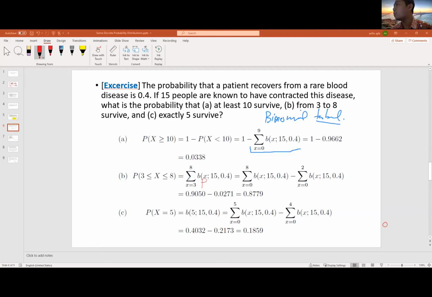Oh, this is binomial. Binomial table CDF.